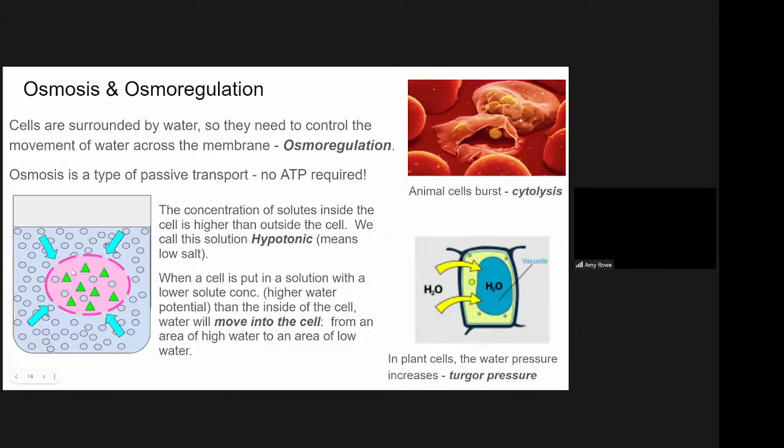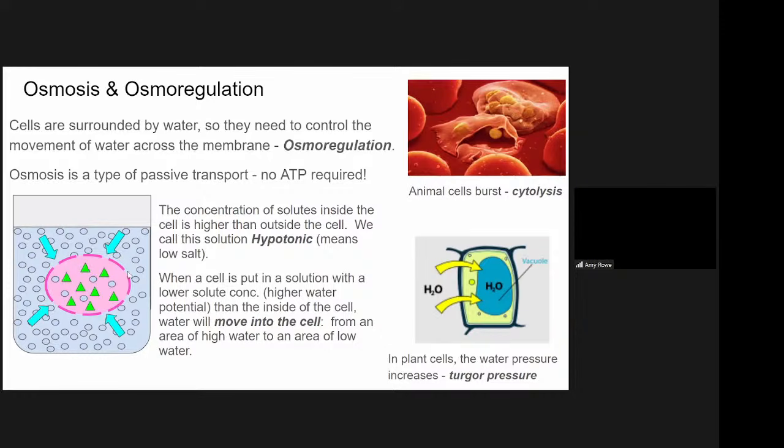What this means is that through osmosis, all of the water outside the cell wants to diffuse into the cell. Because we have much higher water potential or water concentration outside of our cell, the water molecules are going to want to equalize that by rushing into the cell to even out the water potential.